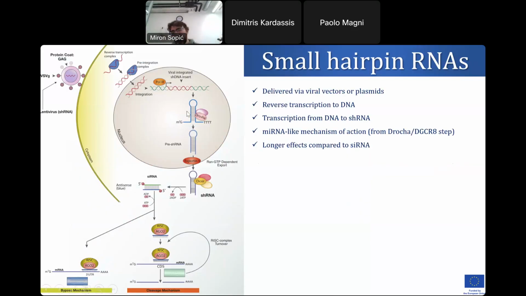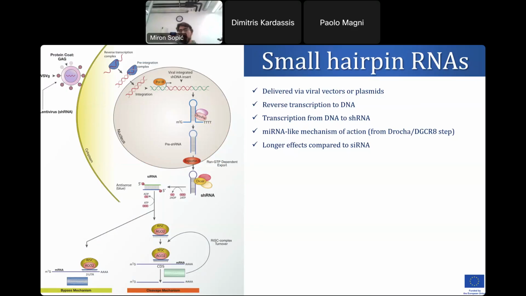Another type of small RNAs are small hairpin RNAs, which again share a very similar story with microRNAs and siRNAs. It's just that they are delivered through viral vectors or plasmids to the cells, and they are reverse transcribed to DNA, which means that they are going to be incorporated into your DNA.